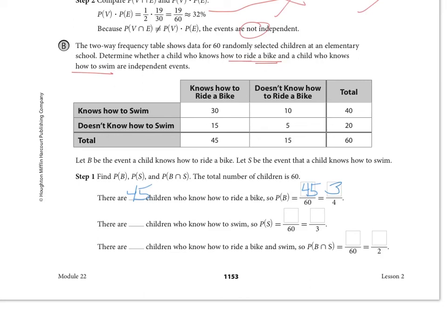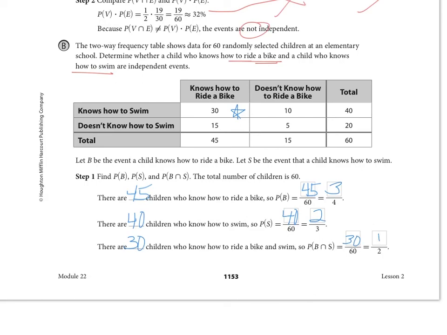There are 40 children who know how to swim, so the probability of swimming is 40 out of 60, or 2/3. Then the probability of both conditions, riding a bike and knowing how to swim, is this particular cell of our two-way table, and that's 30 children. So 30 out of 60 is 1/2.